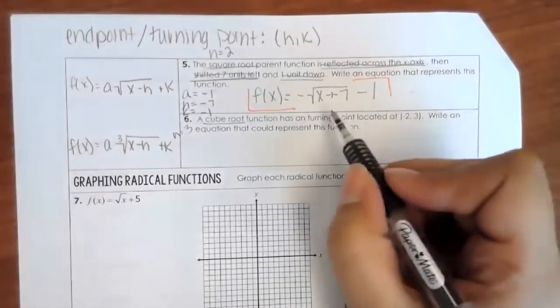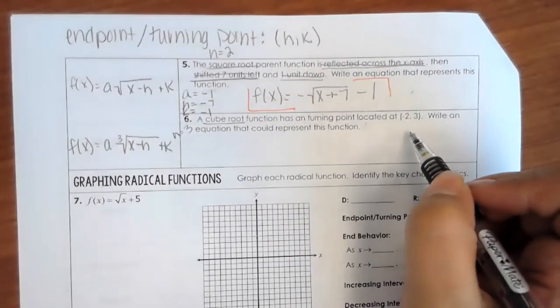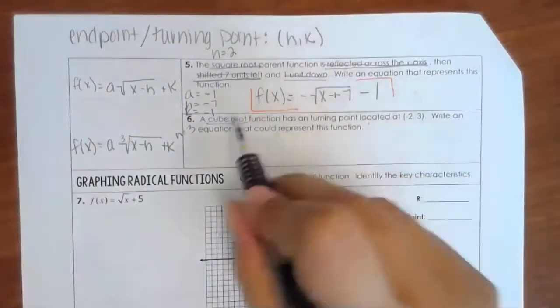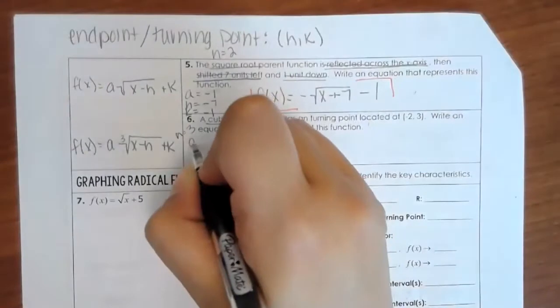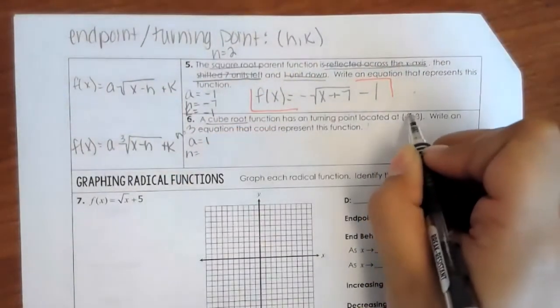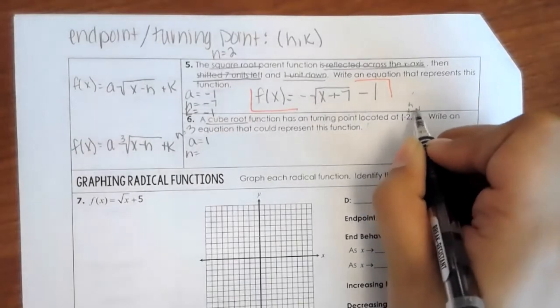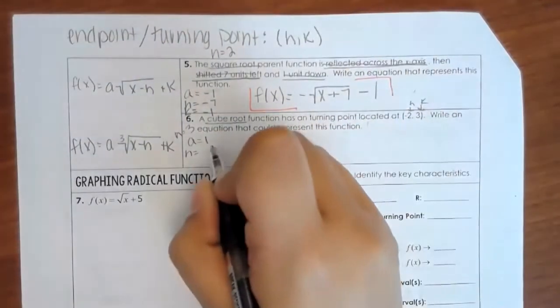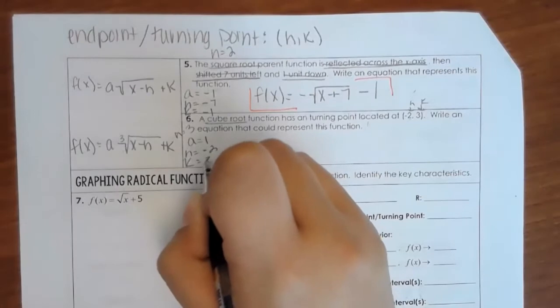So it's not talking anything about the dilations or reflections. So that means A is just going to be 1. It's telling you that H is negative 2, and K is 3.